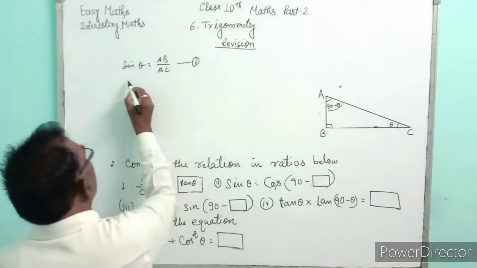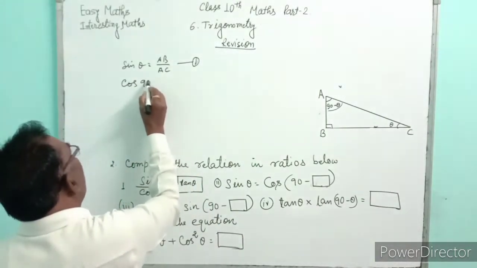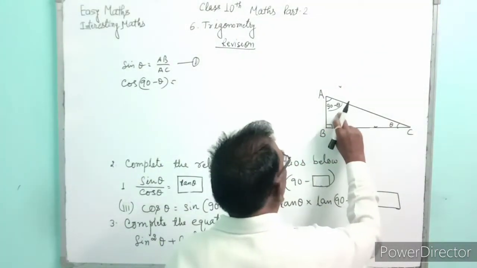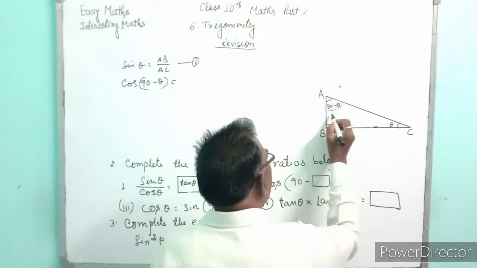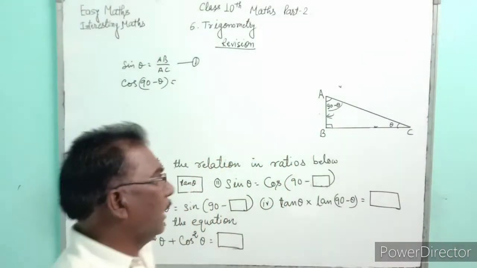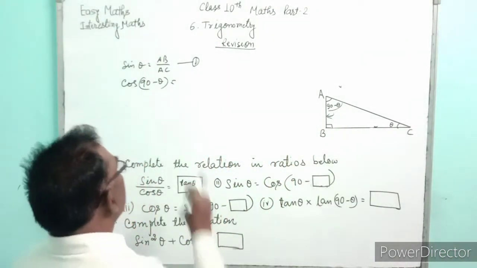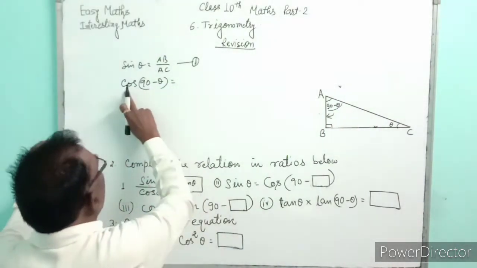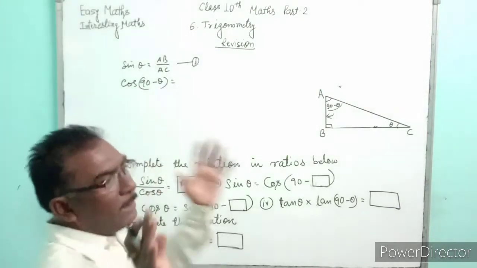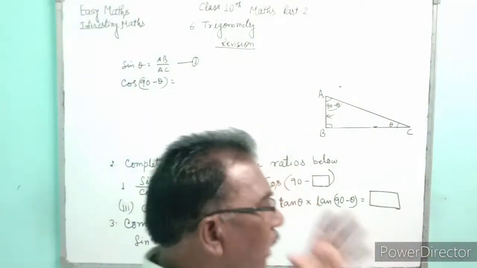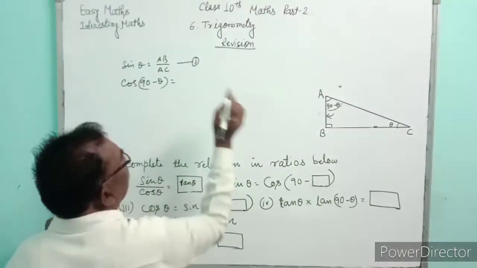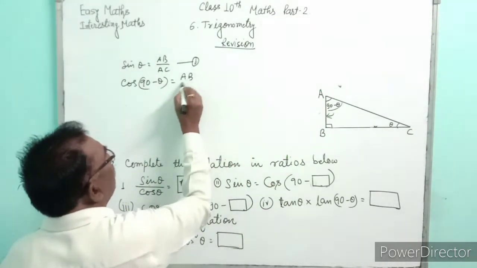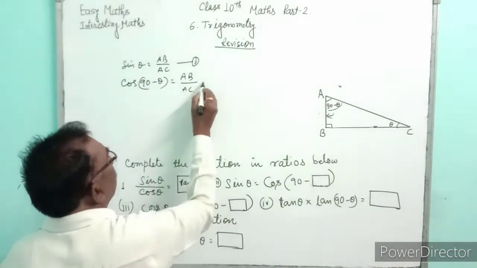So cos 90 minus theta is equal to, for this angle AB is the adjacent side and this is the hypotenuse. Therefore cos 90 minus theta is equal to the adjacent side of angle 90 minus theta upon the hypotenuse. So AB by AC.